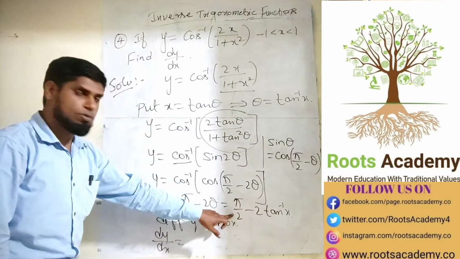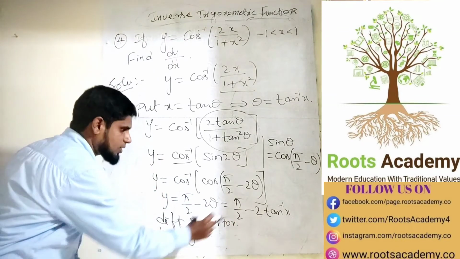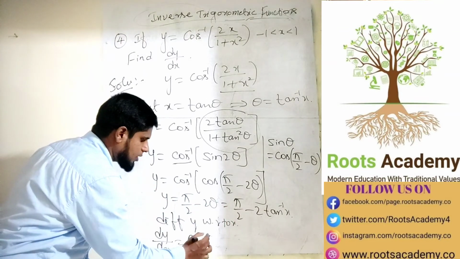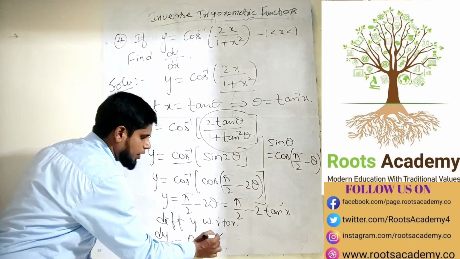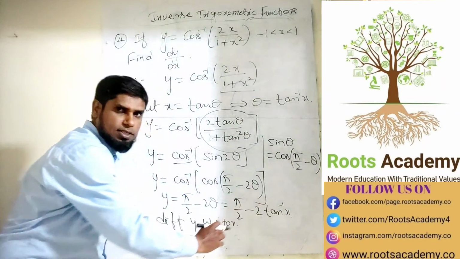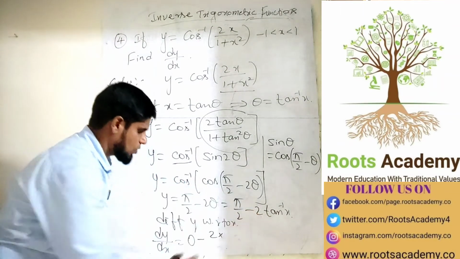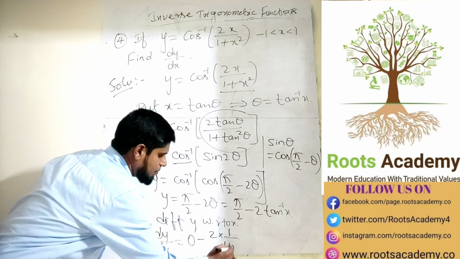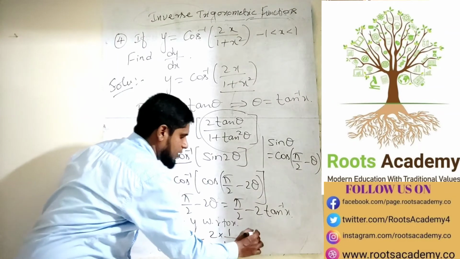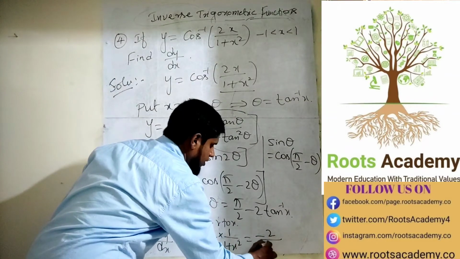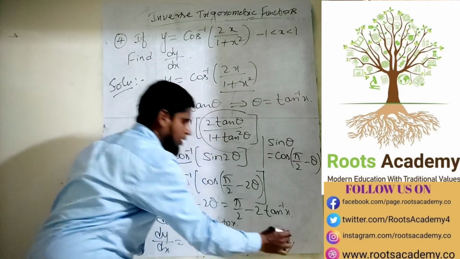The derivative of pi by 2 is 0 because it is a constant, minus 2 into the derivative of tan inverse x, which is 1 divided by 1 plus x square. Finally, it is minus 2 divided by 1 plus x square.